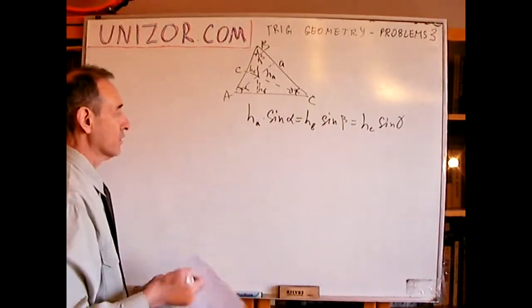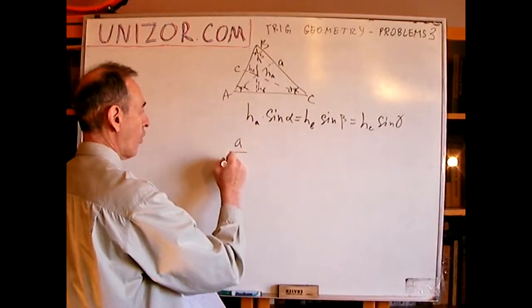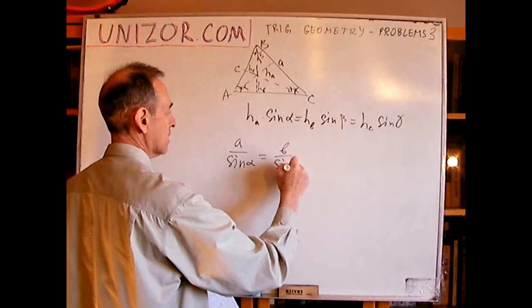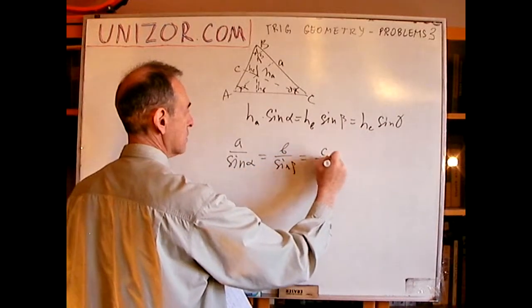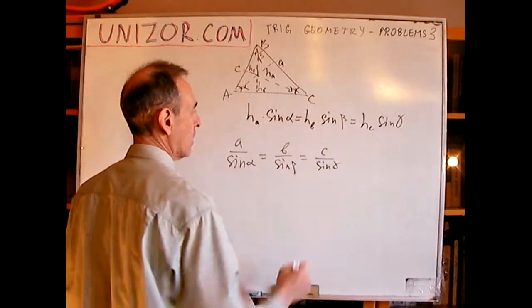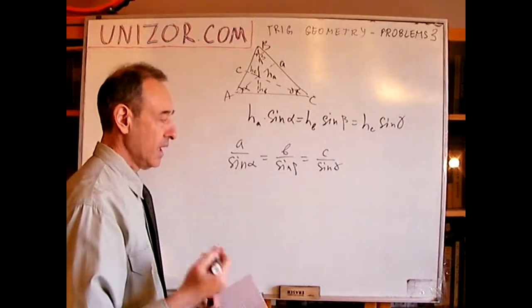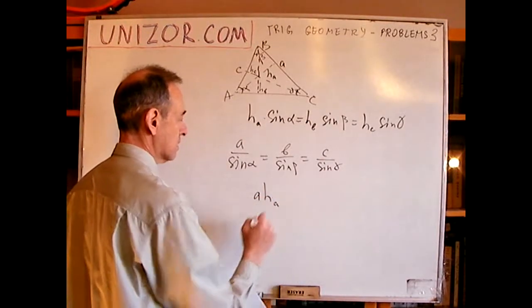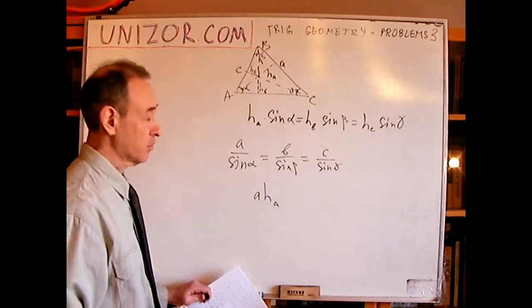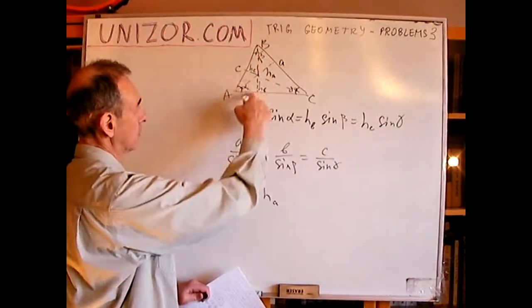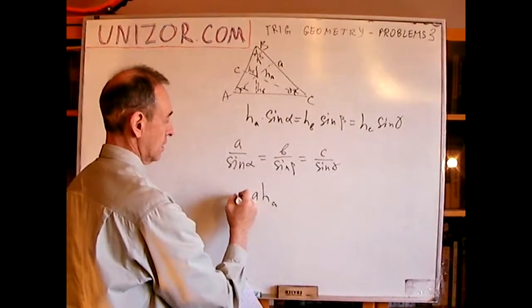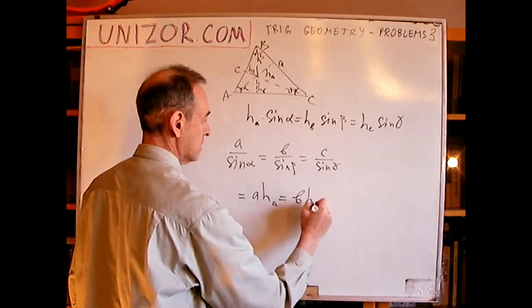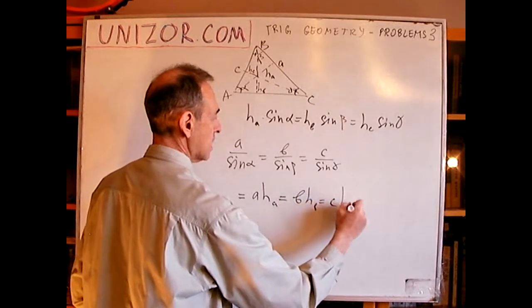Now, what is the law of sines? It's A over sine alpha equals B over sine beta equals C over sine gamma, right? At the same time, we know that A times the altitude falling to A is the same as B times HB, the same as C times HC.